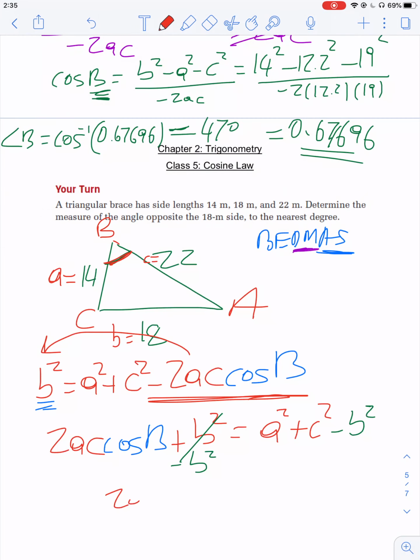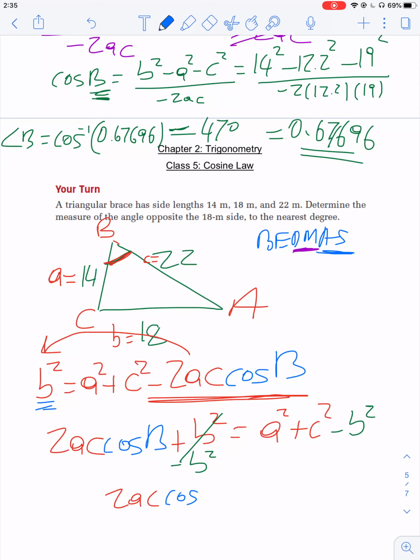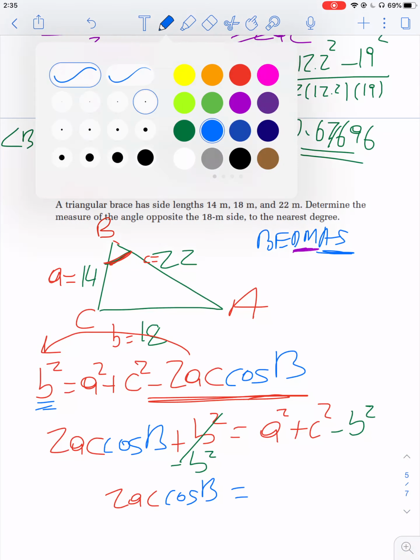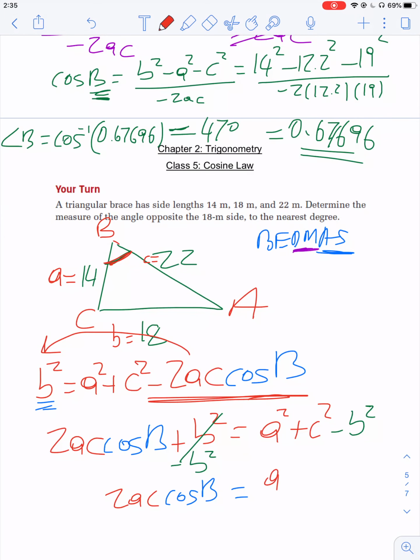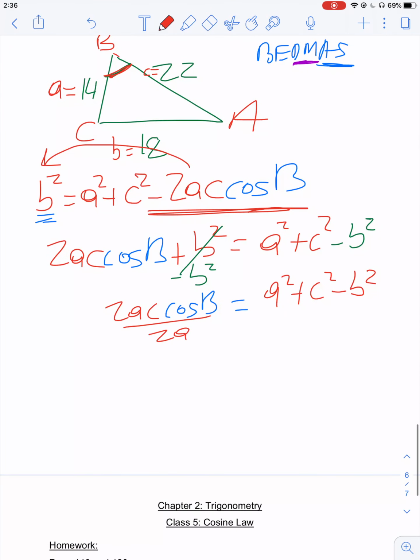So 2AC cos of B is equals to A squared plus C squared minus B squared, and then just divide by 2AC.